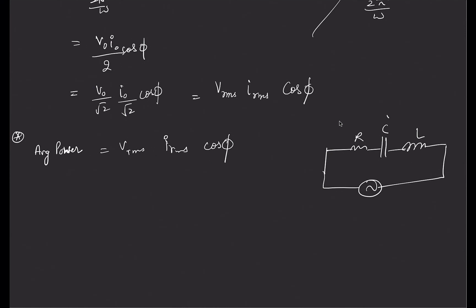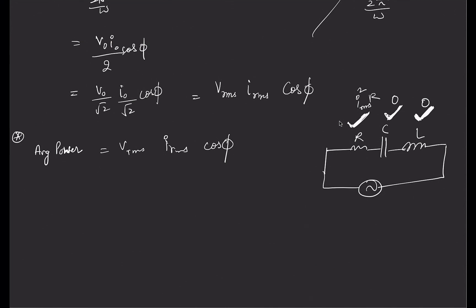So average power through capacitance for one complete cycle would be 0. Average power due to inductance through one complete cycle would also be 0. Average power due to resistance through one complete cycle would be I Rms square into R.